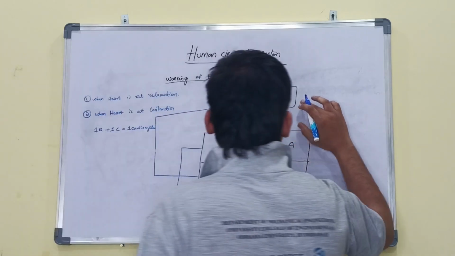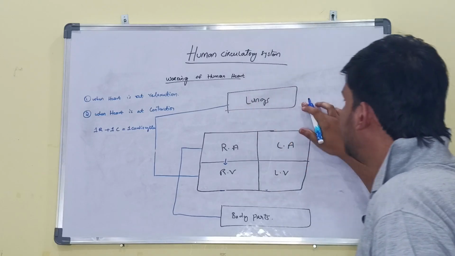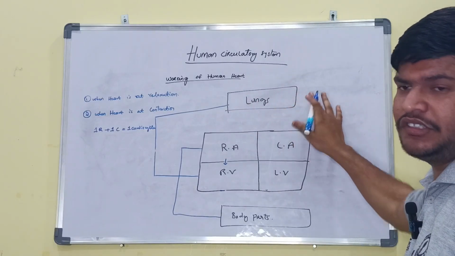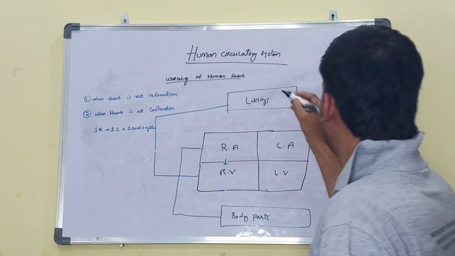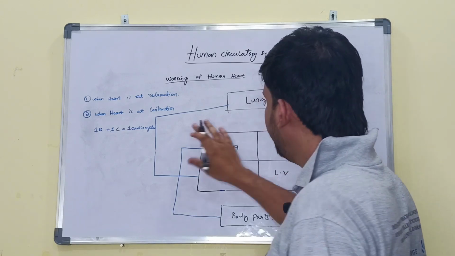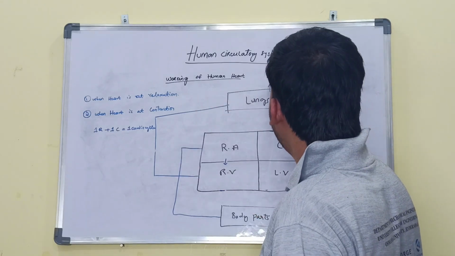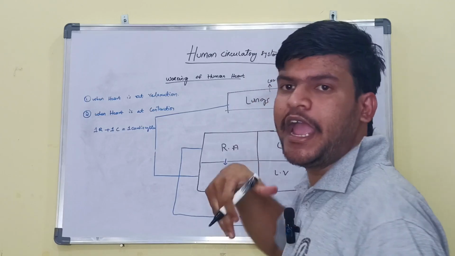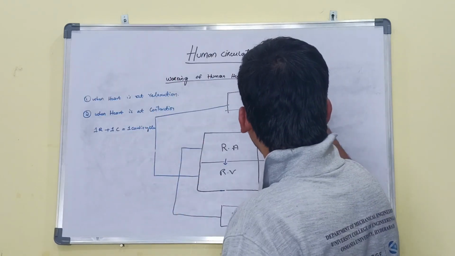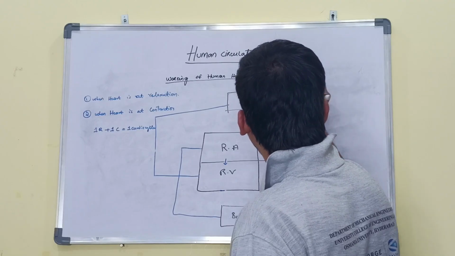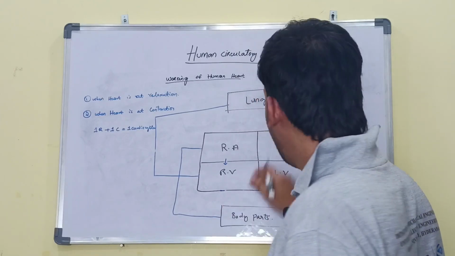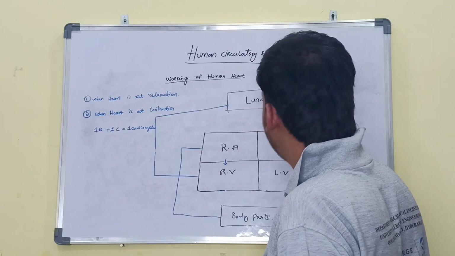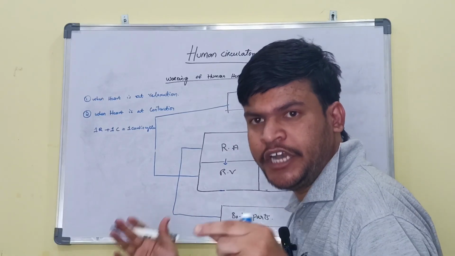Now the blood is at lungs. Here from the deoxygenated blood carbon dioxide is exhaled and oxygen is inhaled, and the lungs convert the deoxygenated blood into oxygenated blood.